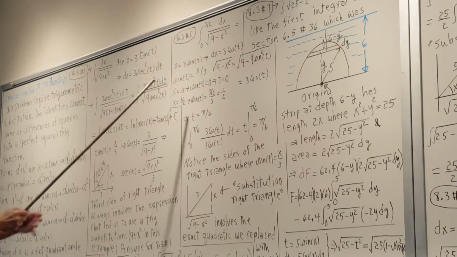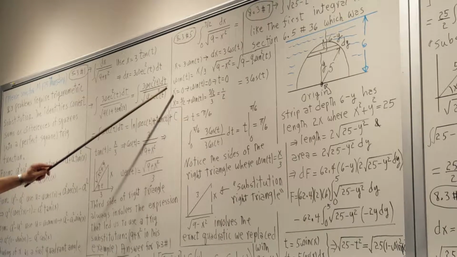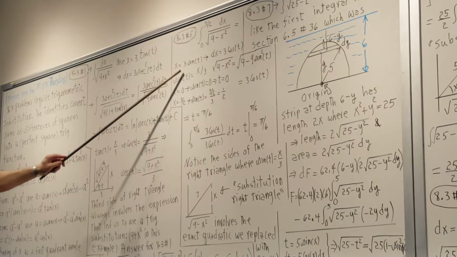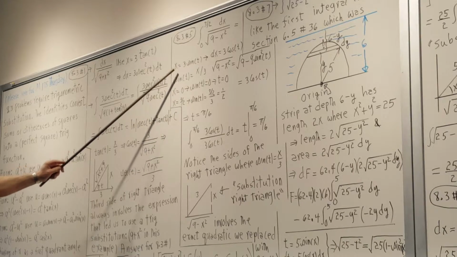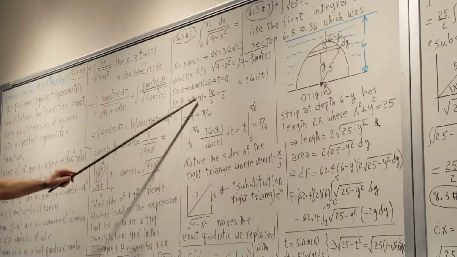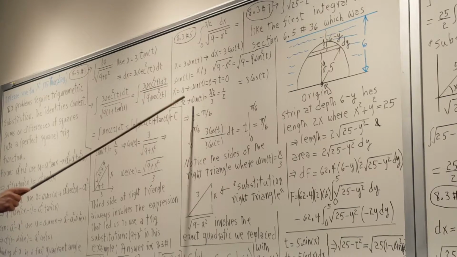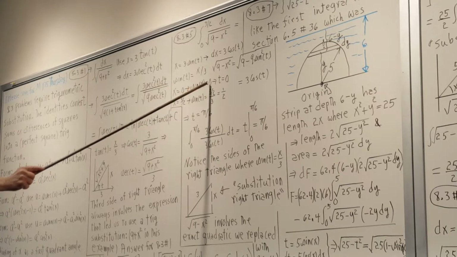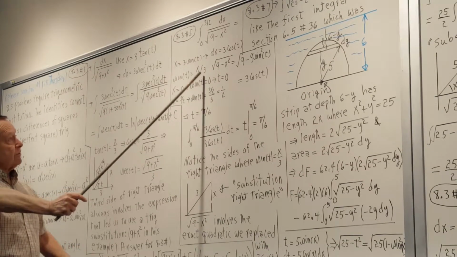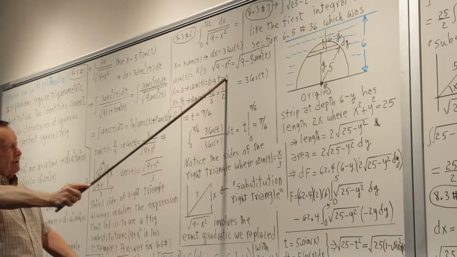dt, and since it's a definite integral, the thing to do is get the appropriate new limits. So we have x equals 0, and x over 3 equals sine t, so sine t is going to be 0 over 3, so sine t is 0, so the t is 0.